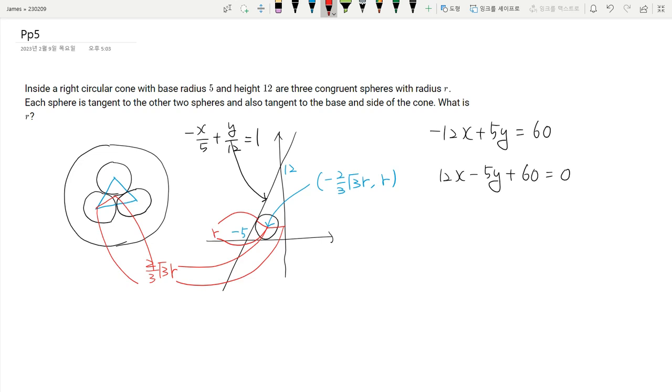In this case, we are going to use the formula to find the distance between this point and the line.